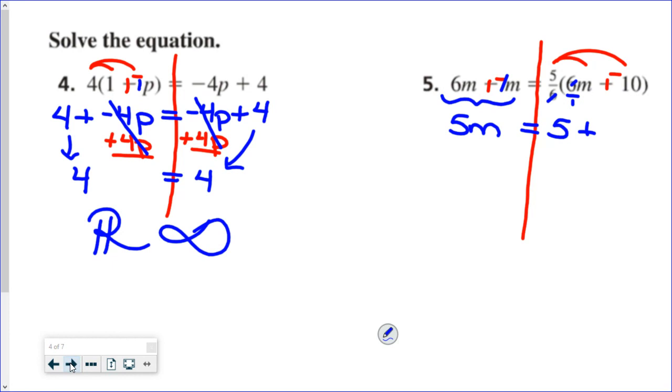Plus, if you want to clear it out and do 5, hit the ABC button, 6, that stands for 5/6, times negative 10. That's weird, but if all else fails, do the top times the top, which is negative 50 over 6. You can always do 5 times negative 10, 6 times 1.